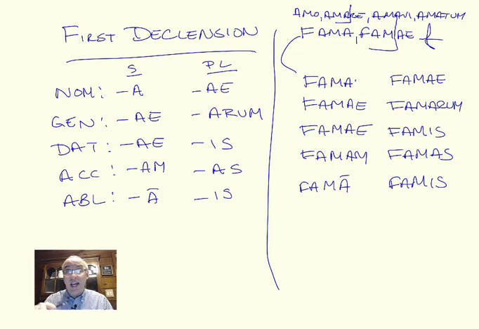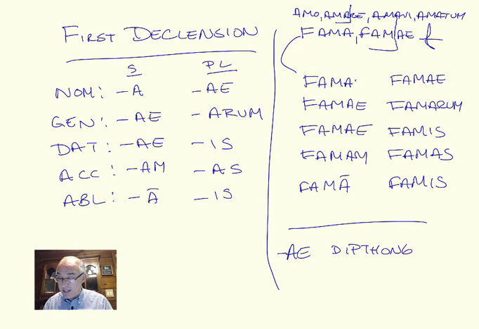One word about the ae, that's a diphthong. Ae is a diphthong. It's two sounds that go together. And it sounds like the sound in aisle. You walk down the aisle.